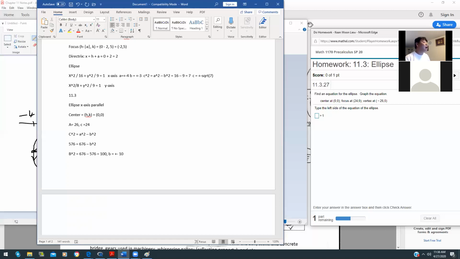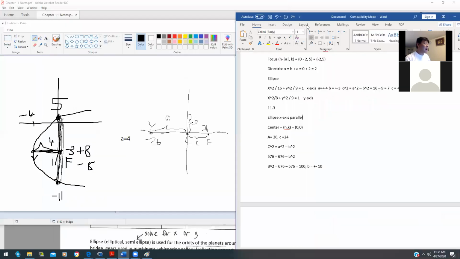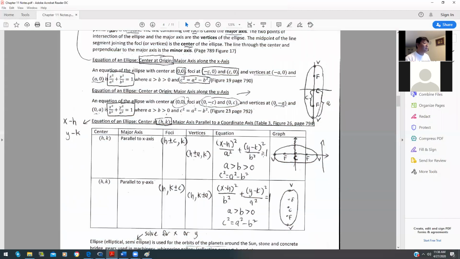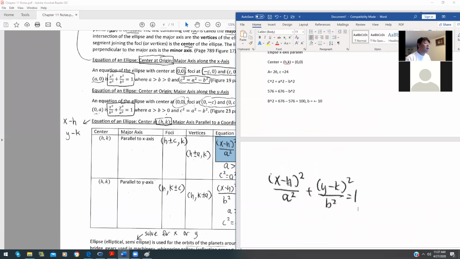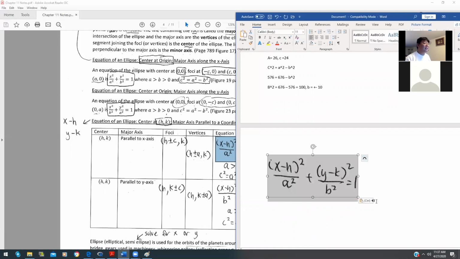Now you've got A, B, C and your H, K. You can give me the equation. This is the equation we'll be using, because of the graph. H, K is 0, 0 at the origin.